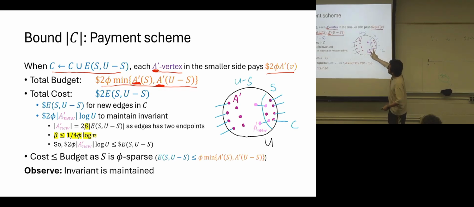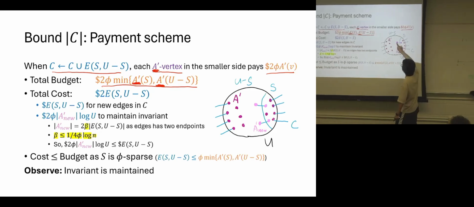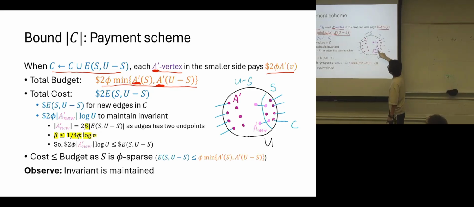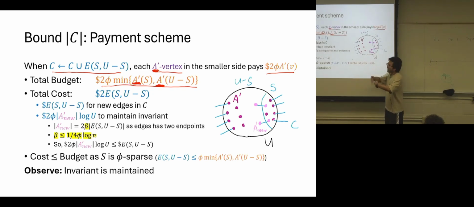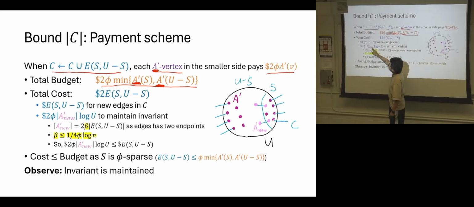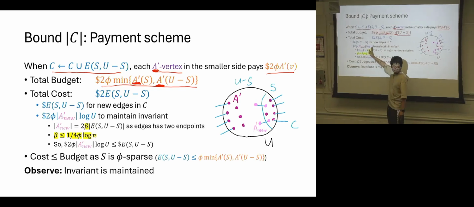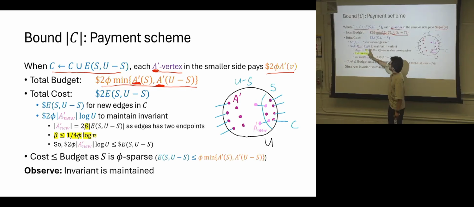So how much do I need to pay? Well, I look at the total node weighting, let's call it A prime new, the part that I add to A prime. Every node needs to have this much money, like 2 times phi times the A prime new of that node times log U. Log U, why?